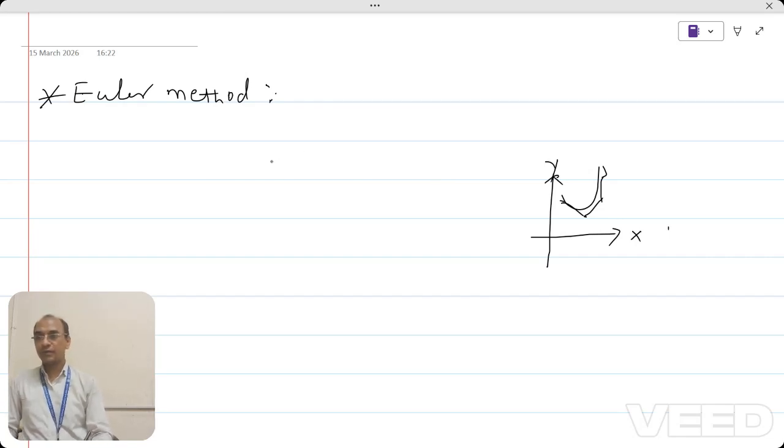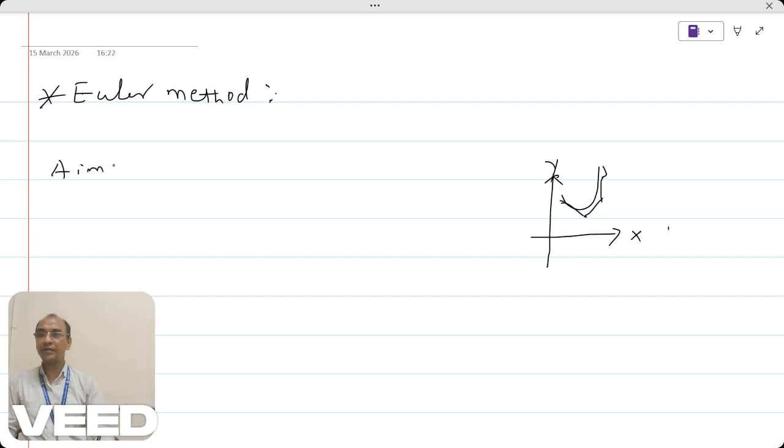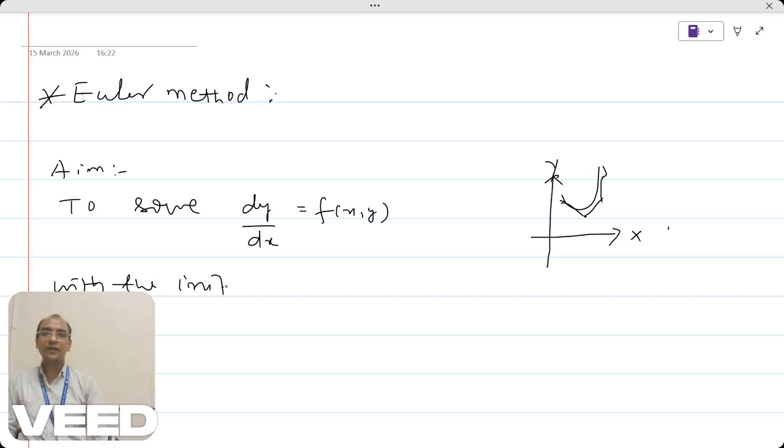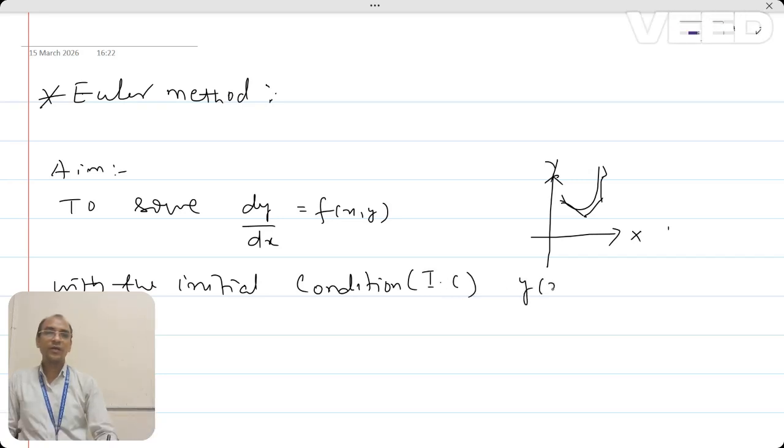So what we will do here is, our aim is to solve dy by dx equal to f of x, y with the initial condition, in short form IC, as y of x0 equal to y0.